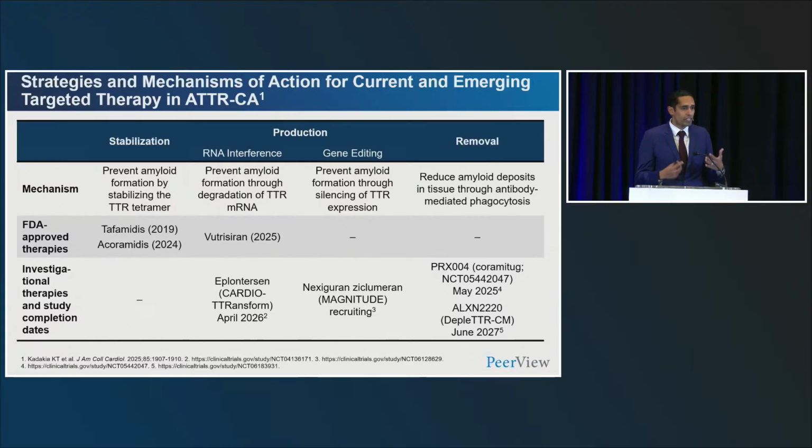So again, we'll add more data to this void about what to do about patients in terms of potentially combining treatment options. Gene editing is a really exciting approach. The MAGNITUDE trial is testing a one-and-done approach that is currently recruiting, potentially at a center near you. And then finally, in terms of reversing the disease process itself, we have antibody therapy, which has been really exciting, and those are slated to read out in the next couple years as well.